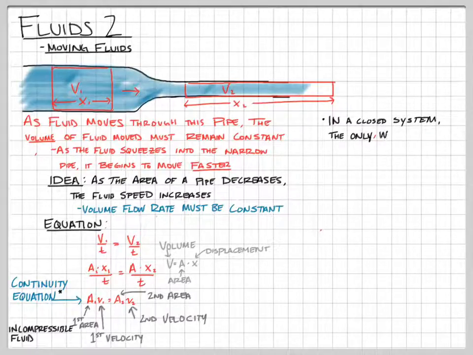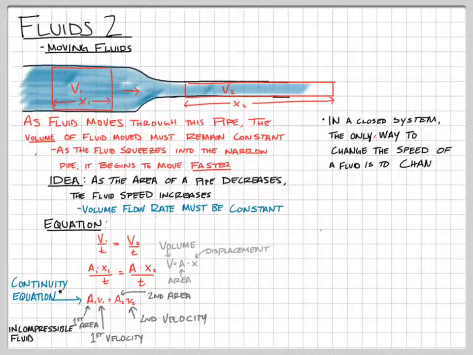So here's our big idea. In a closed system, the only way that we can change the speed of a fluid is to change the area of the pipe that it's going through. Moving up, moving down doesn't do anything. Changing the area affects the speed.